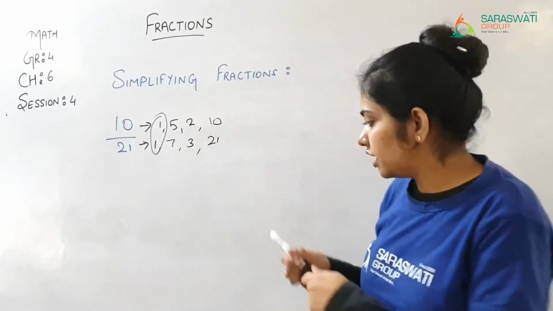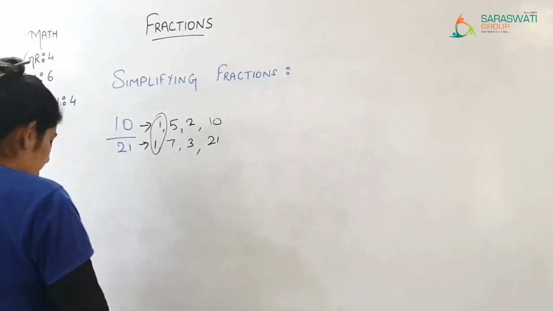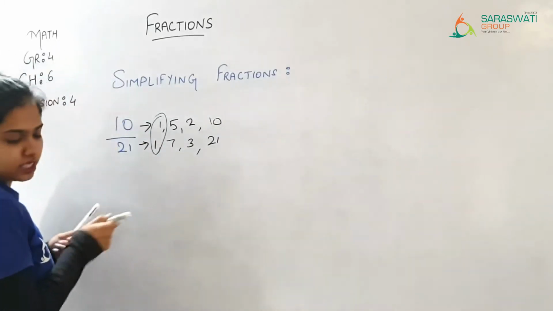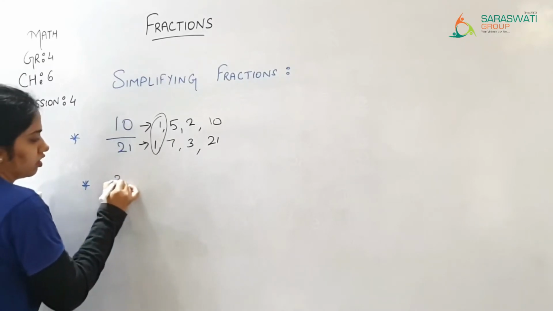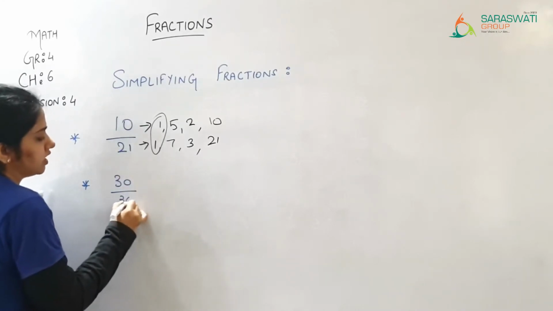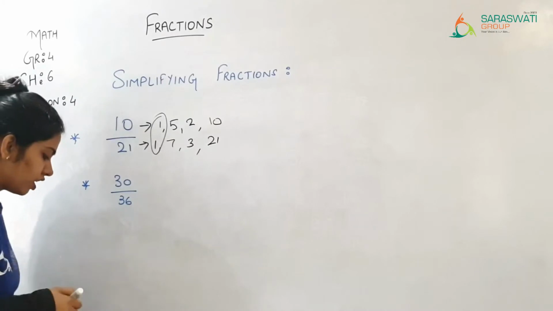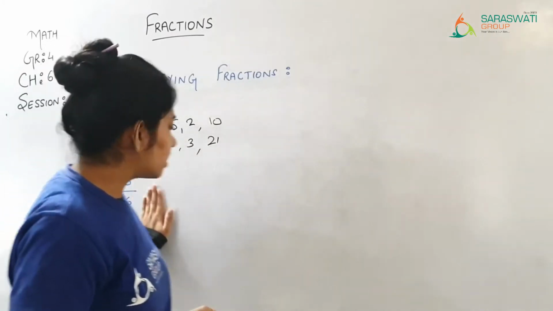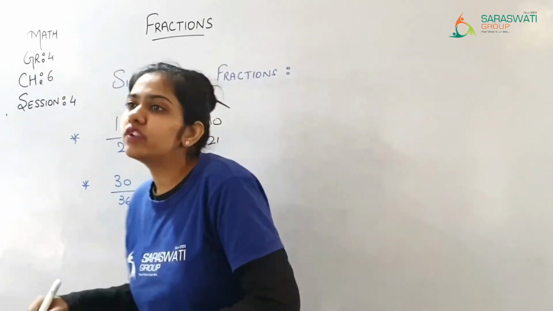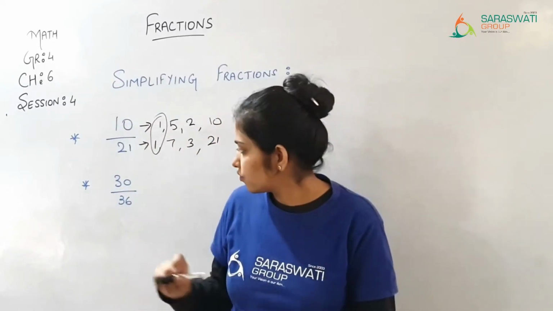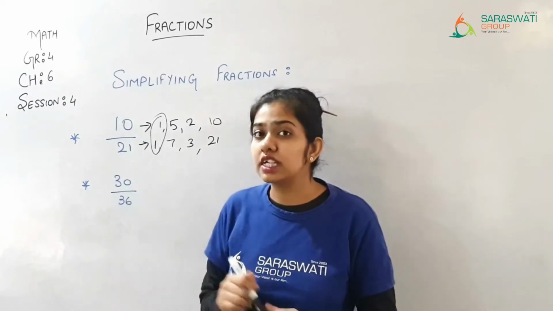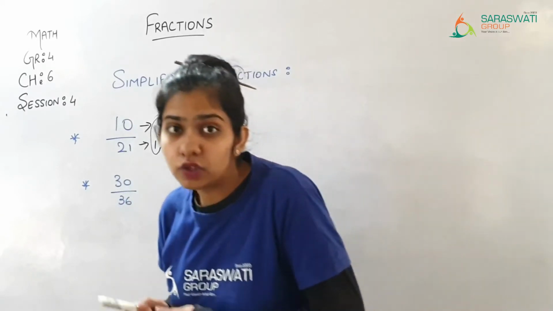Now for example, if I take another number, that is 30 upon 36. Now we divide 30 and 36 by 2 first, because these are even numbers, right? For 2, when does 30 come?